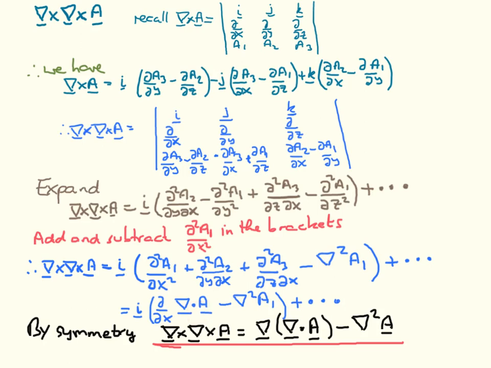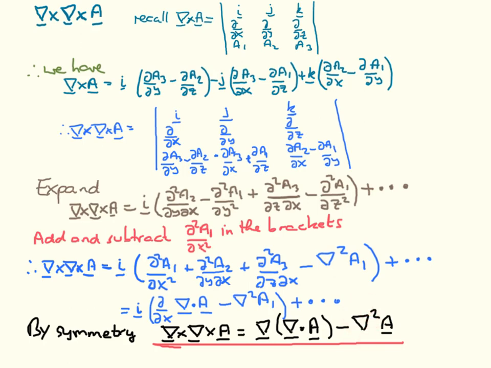And we recognize that this is the gradient of this divergence. So this is a vector field. Here we have a vector operator, the gradient, acting upon a scalar field, which is the divergence of this vector field. So this is a scalar, but this is a vector, making the whole thing a vector field, minus this scalar operator acting on a vector field.